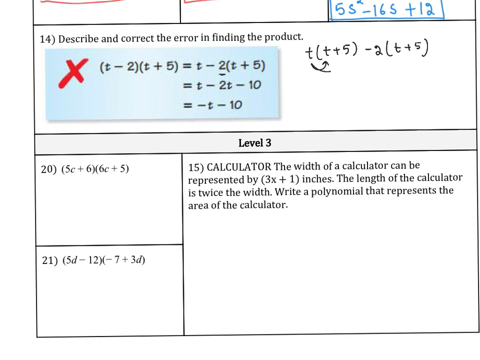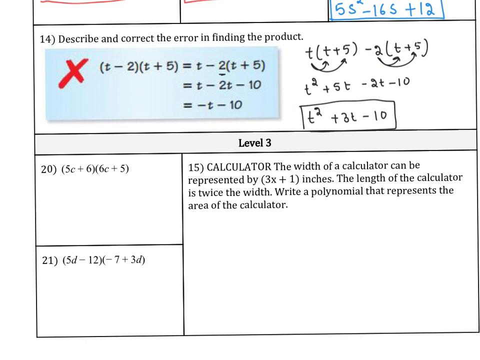So when we distribute the t inside, we get t squared plus 5t and negative 2t times negative 10. So what we got here is t squared plus 3t minus 10. So our answer should be t squared plus 3t minus 10.